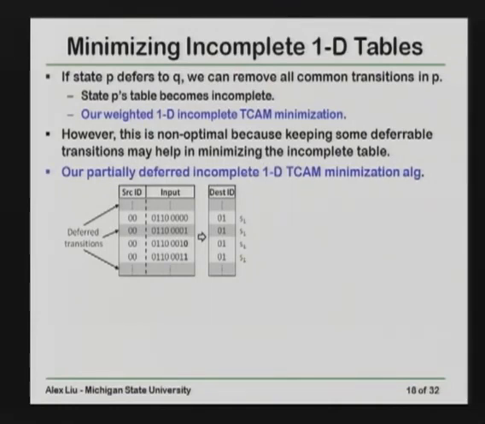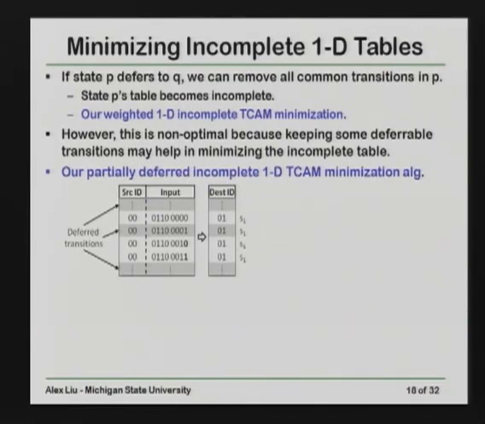After running that algorithm, we can delete the last rule. However, this is non-optimal, because if you keep some deferrable transitions, that is, some transitions that you don't defer, they can actually help in minimizing the incomplete table. So we have a partially deferred incomplete 1D table minimization algorithm.